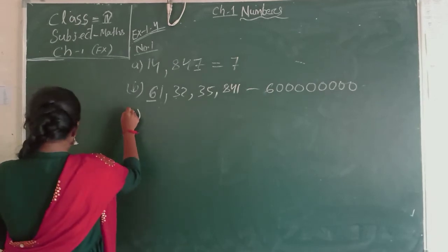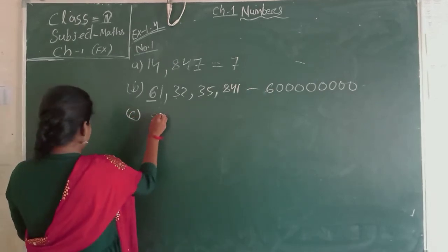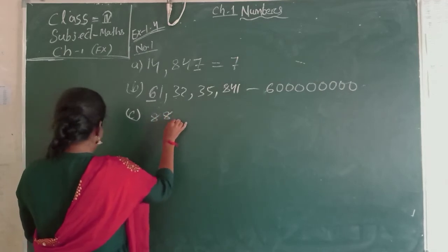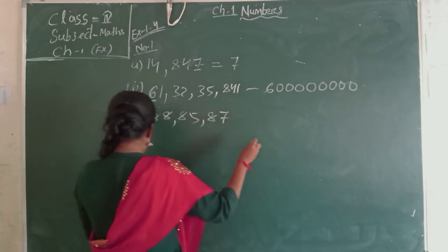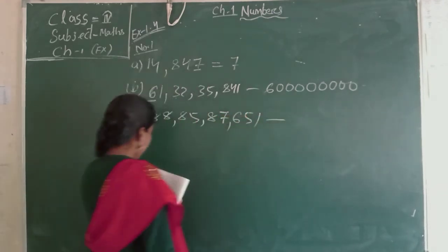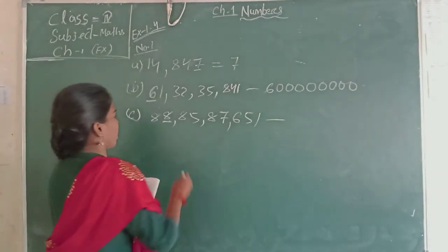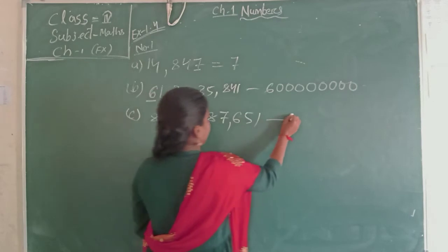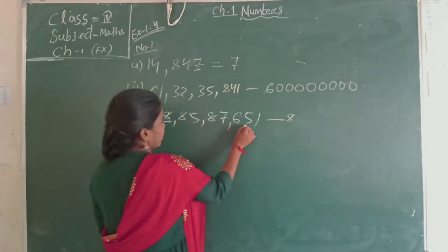Next come to the C number. Here there is 88 crore 85 lakh 87,651, and the underlined digit is this 8. First write this digit here, and after that how many digits? 1, 2, 3, 4, 5, 6, 7.